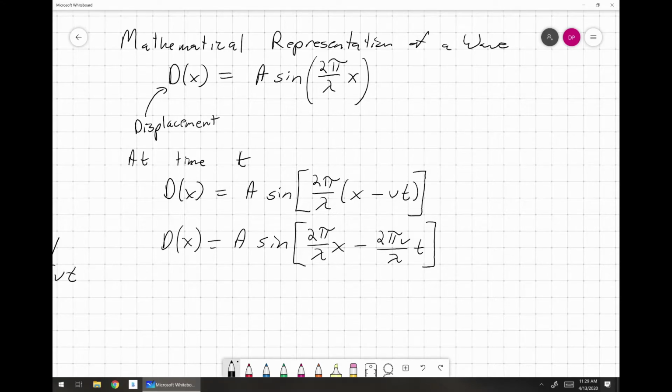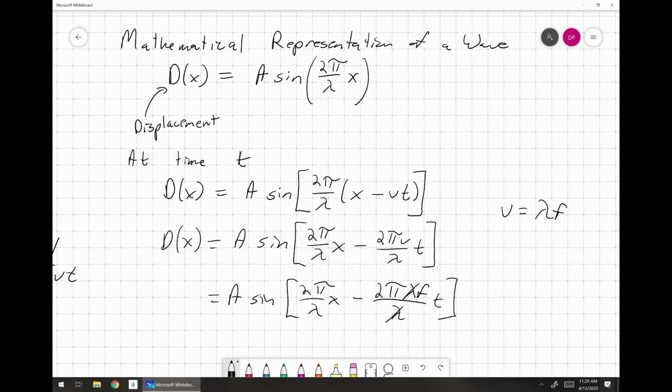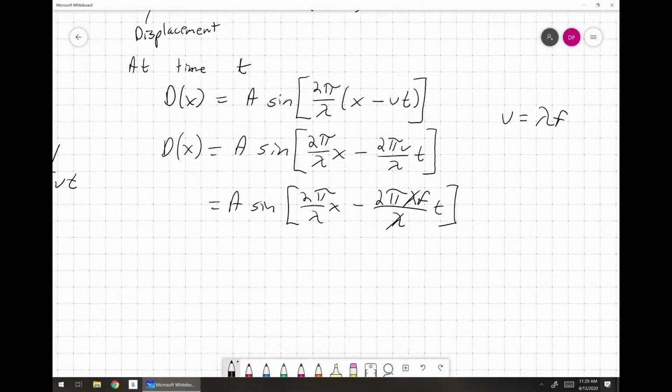But we can then recall that the speed of a wave is our wavelength times our frequency, right? So we can plug that in, and we can say, well, this is sine of 2 pi over lambda x minus 2 pi lambda f over lambda times t. That lambda is going to cancel away, and we have 2 pi over lambda x minus 2 pi f t.